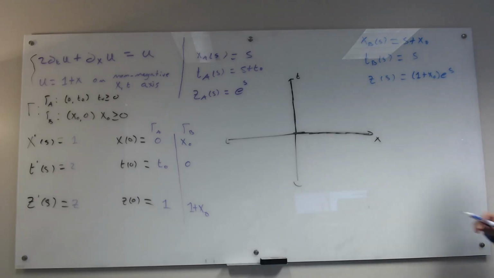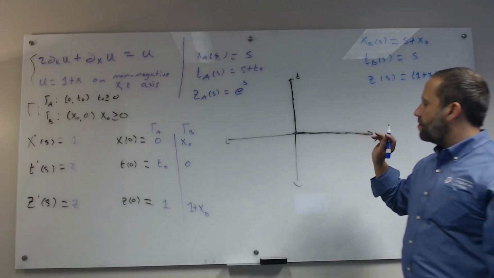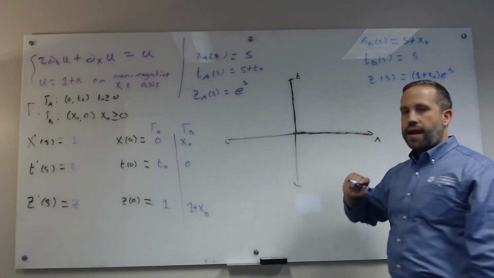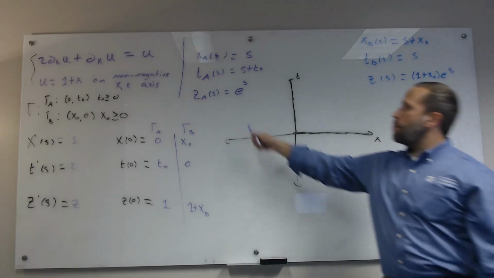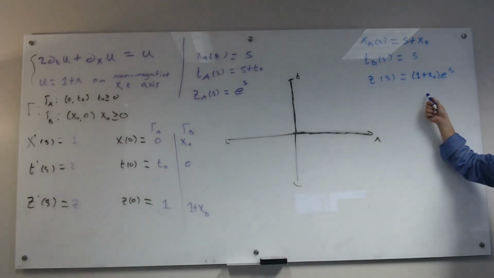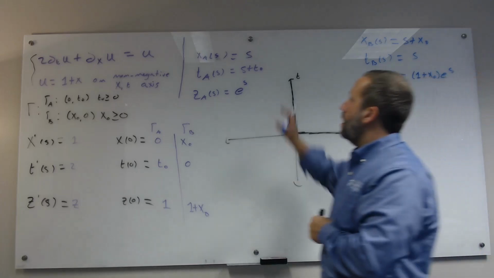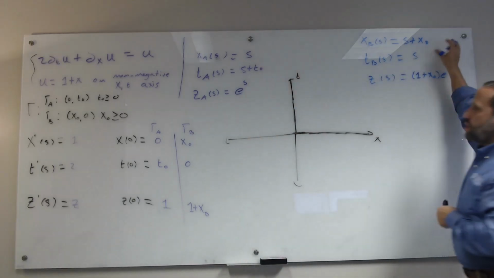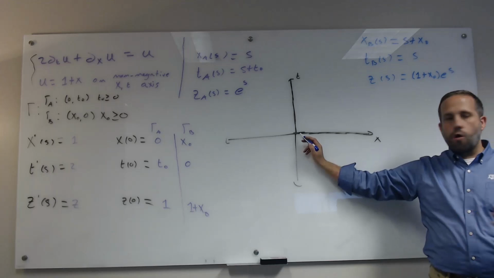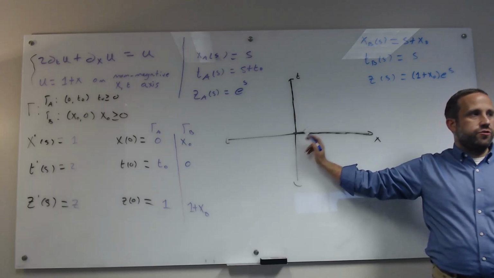So in other words, when I look at the characteristic that is emanating from the origin, it's the same whether I use this formula or this formula. And it really needs to be. If we didn't have these two things match up, we would have an over-defined characteristic here, if we had two different characteristics.